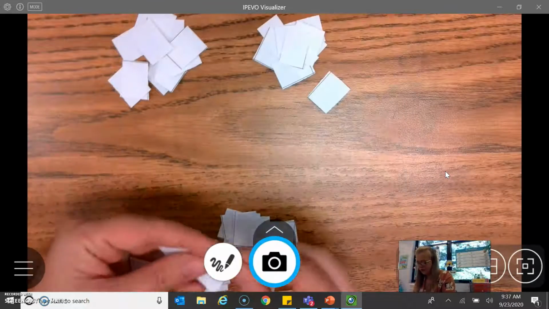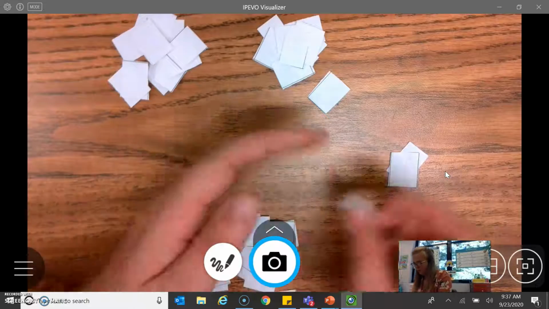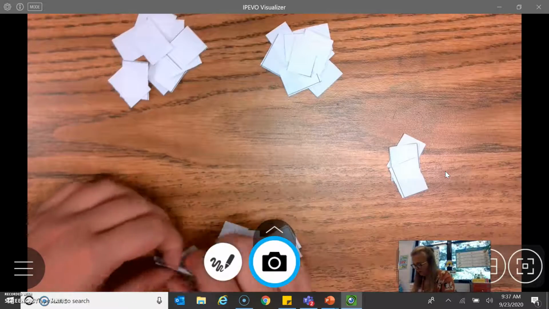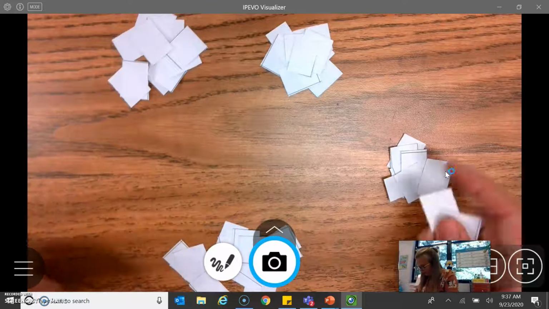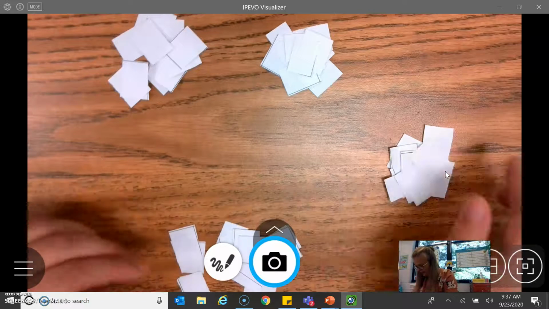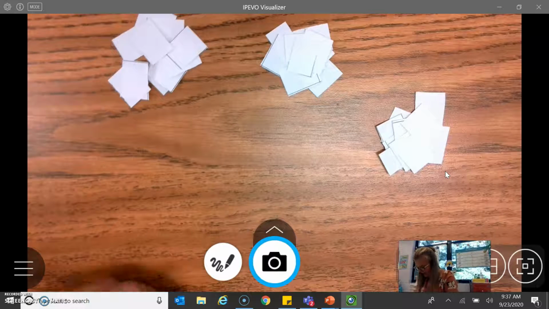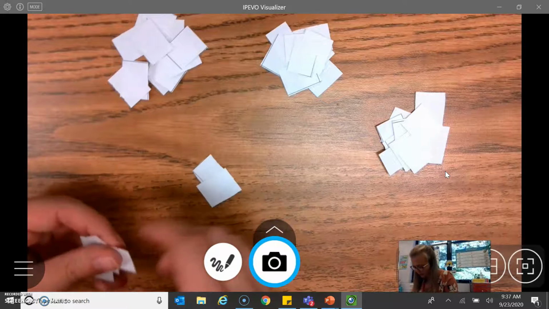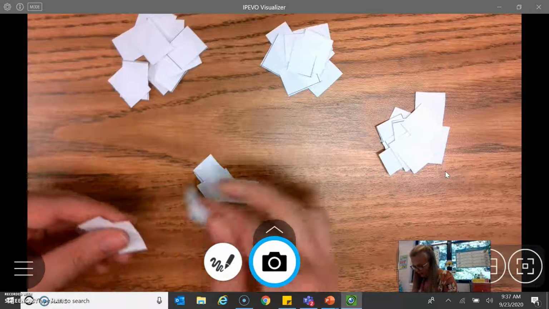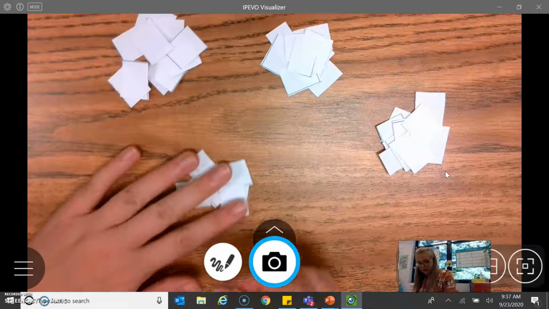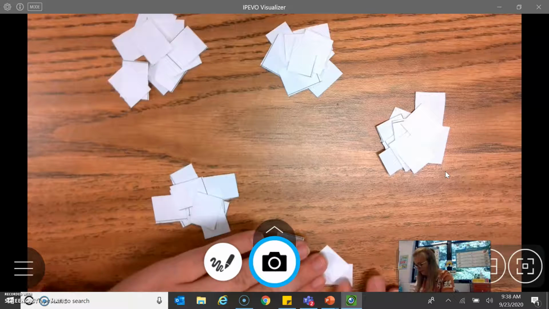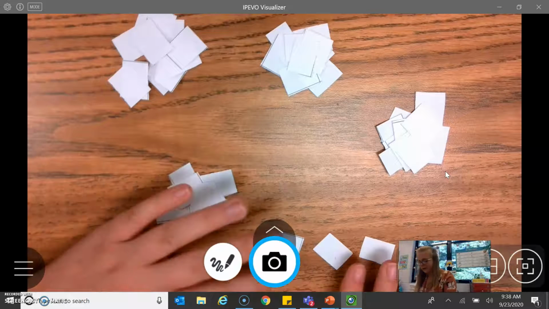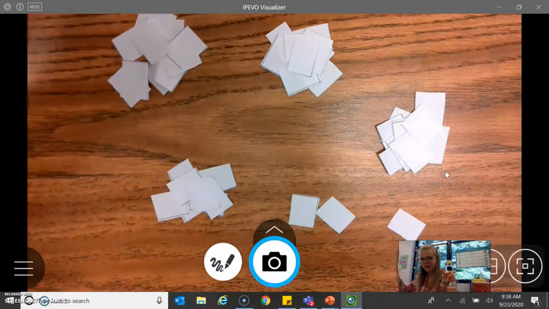Two groups of 10. 1, 2, 3, 4, 5, 6, 7, 8, 9, 10. Three groups of 10. And with the same papers, 2, 3, 4, 5, 6, 7, 8, 9, 10. That's four groups of 10. And then I have 3 left, so I can't make a group of 10 with my ones that are left.